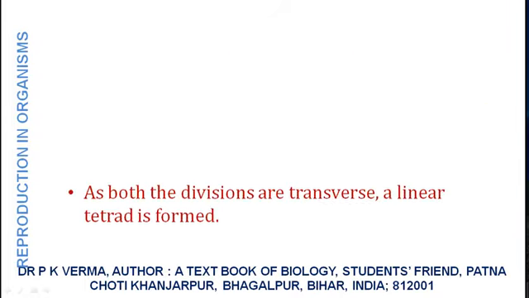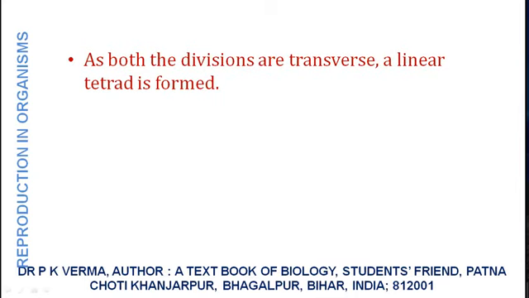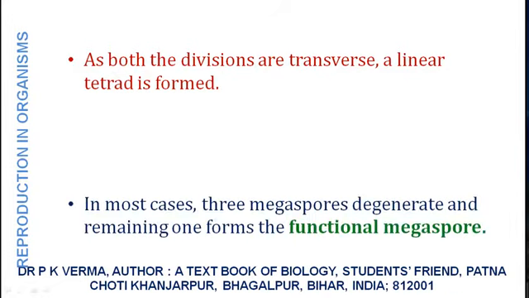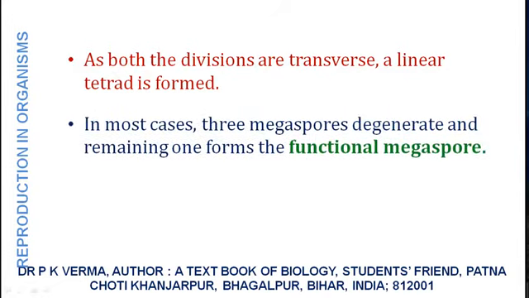But in most cases, linear tetrad is formed and 3 megaspores degenerate, so only one functional megaspore survives.